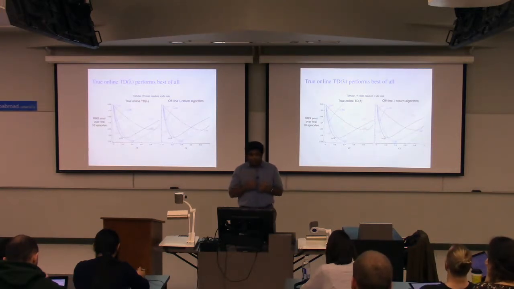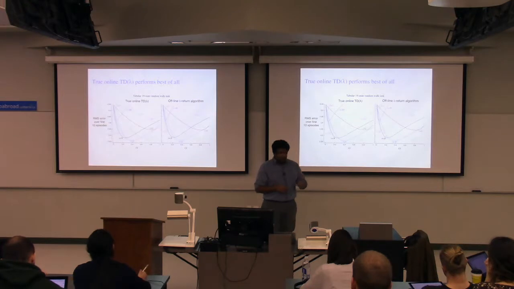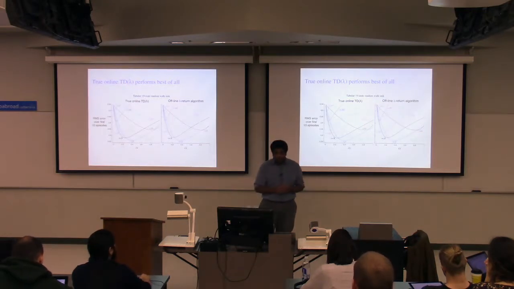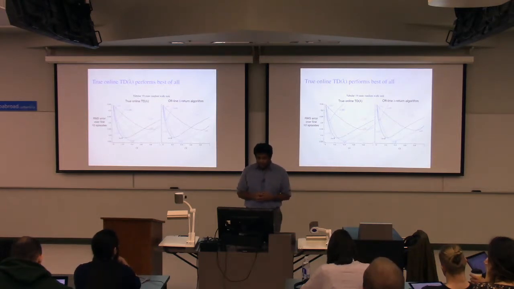On the left, you see true online TD lambda, which updates time step by time step. And on the right, you see this offline lambda return algorithm, which updates after you've seen the full trajectory. Then we're comparing the RMS error over a variety of step sizes for the two algorithms.